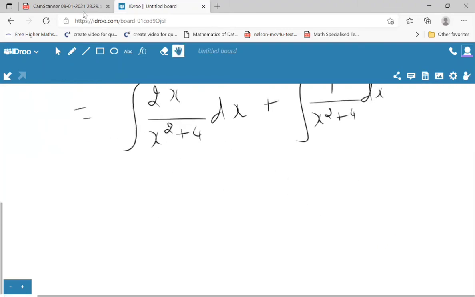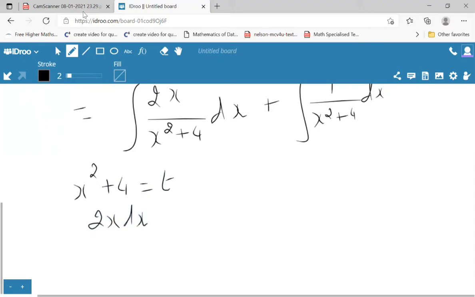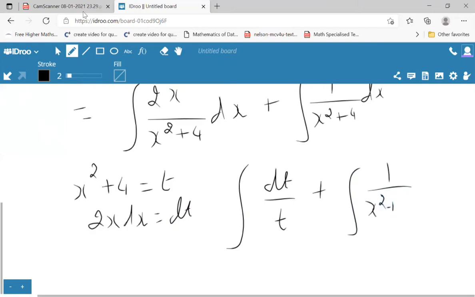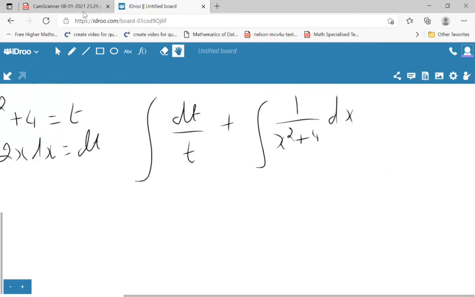So, in this case, let me take x squared plus 4 to be t, then I'll get 2x dx is equal to dt. So, when I substitute, I'll get dt by t plus integration of 1 by x squared plus 4 dx.